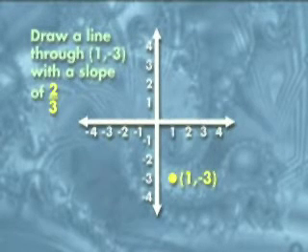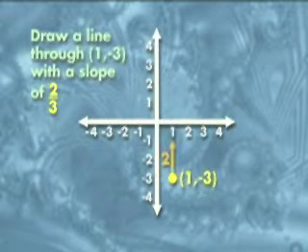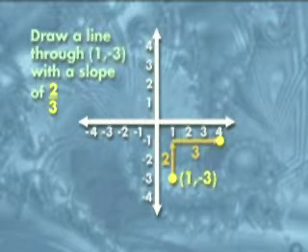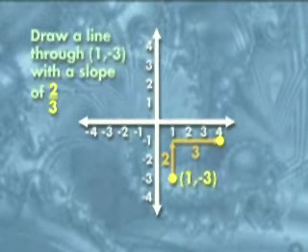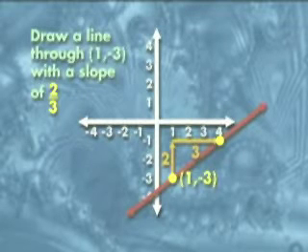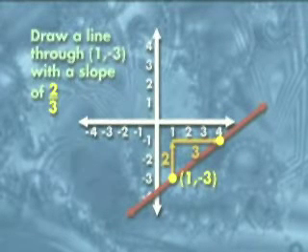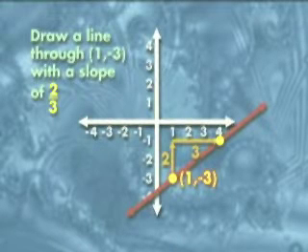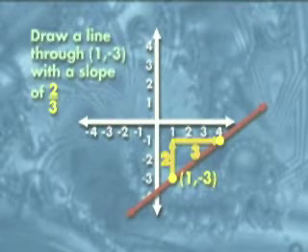So starting at the given point, we rise up 2 and over 3 to arrive at the next point on the line. Once we have 2 points, we can just connect the points to make a line. So this is the line that goes through the point 1, -3 with a slope of 2/3. Not bad for a day's work.